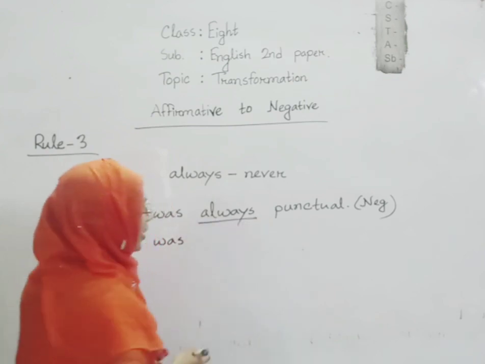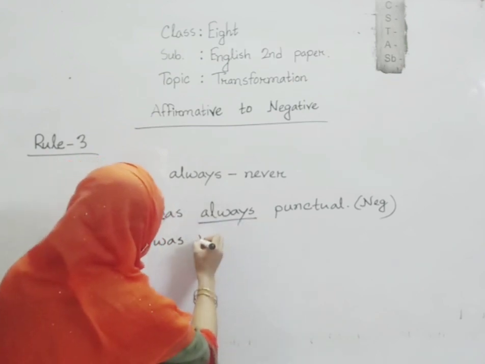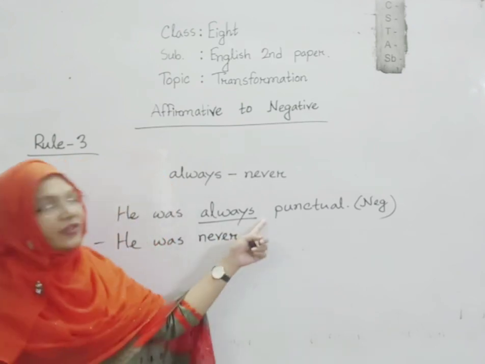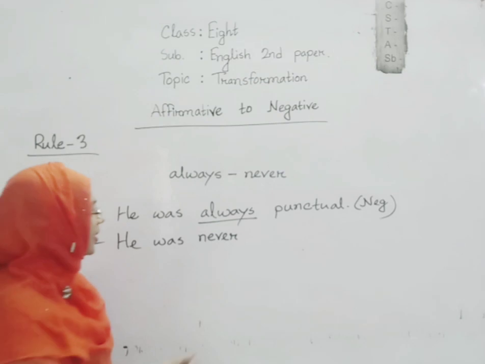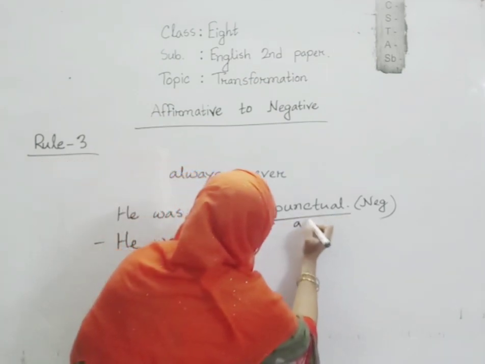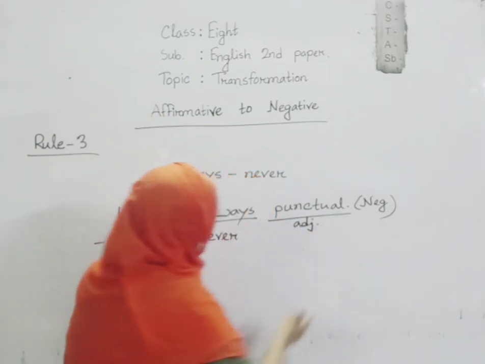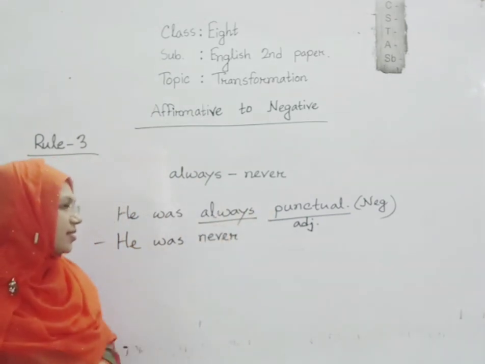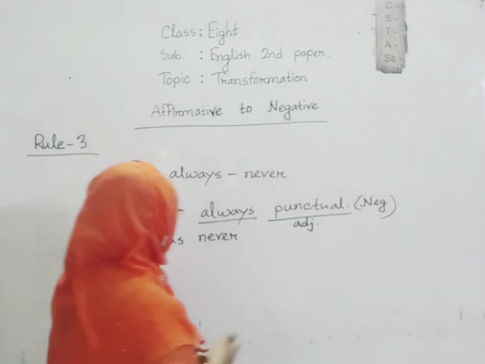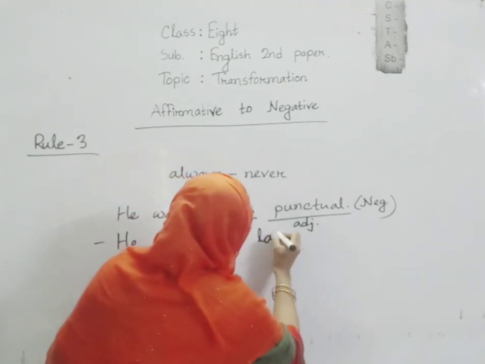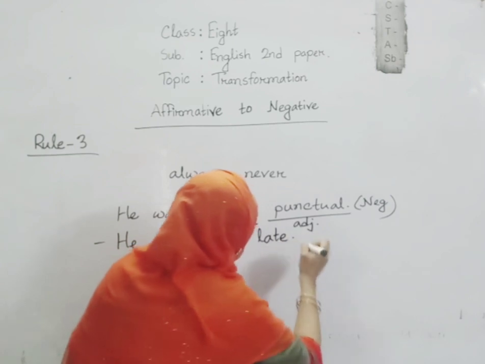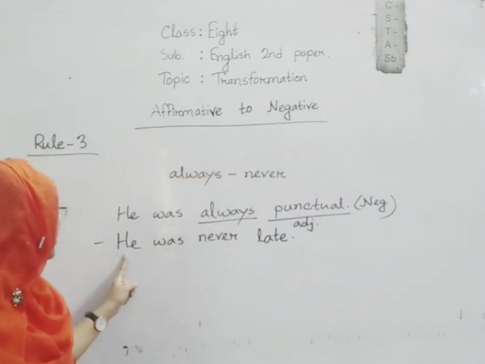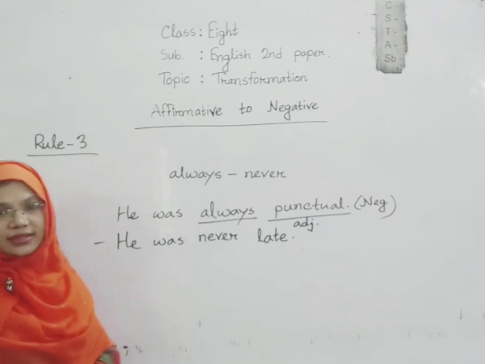For always we have to write down never, and the opposite form of after verb, and you can see here is an adjective. We have to write down the opposite form of adjective, that means the word punctual. For punctual, we have to write down late. So the answer is he was never late.